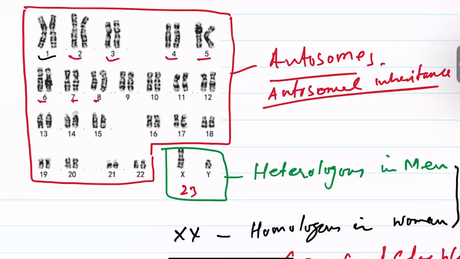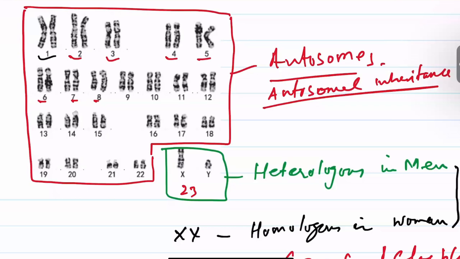Okay, so inheritance of sex-linked characters gives different ratios in the reciprocal crosses than the autosomal characters.